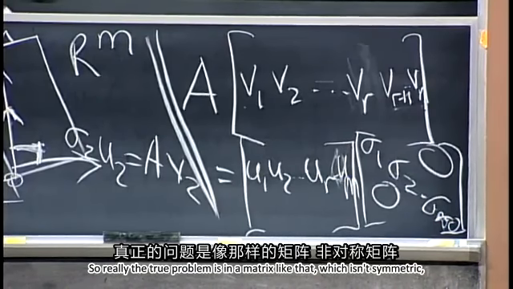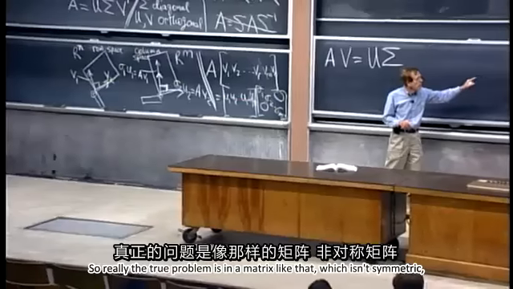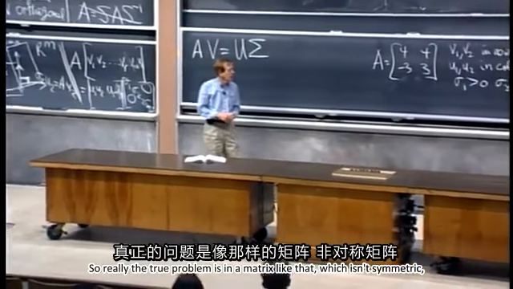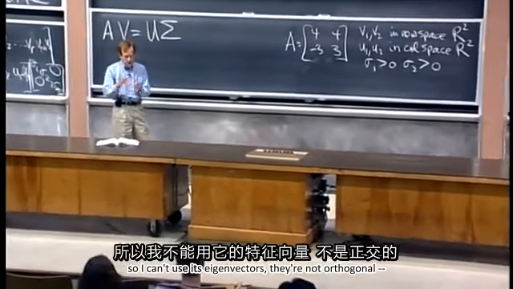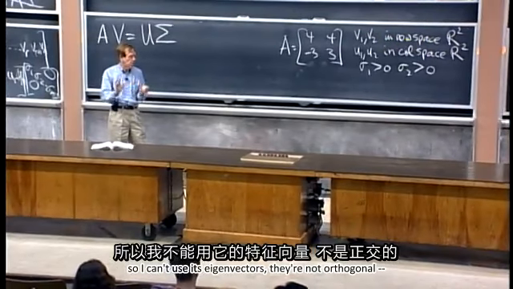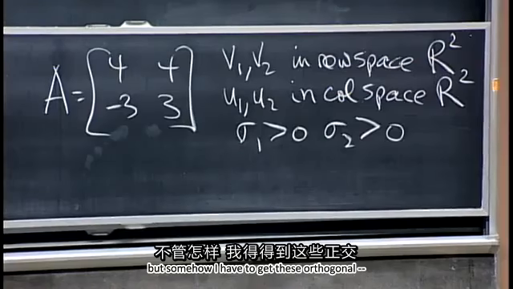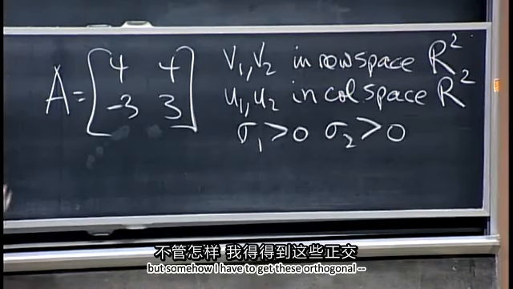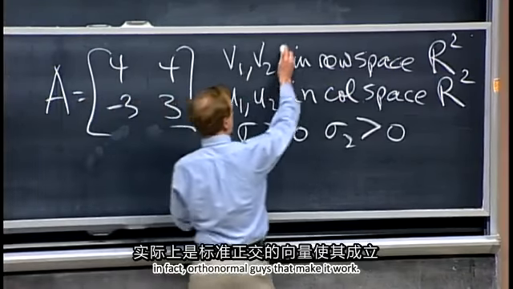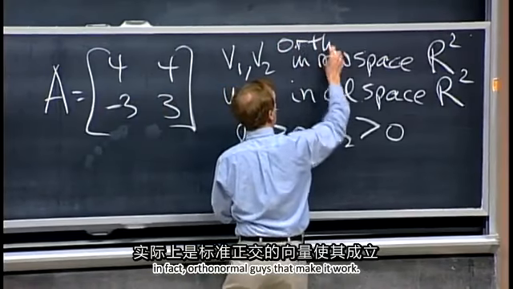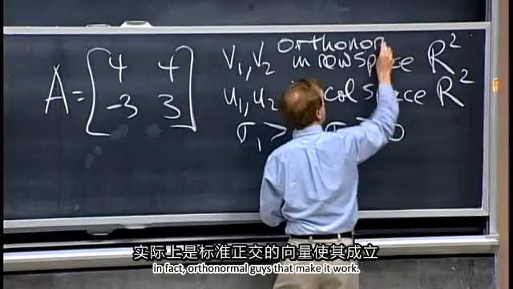So really, the true problem is in a matrix like that, which isn't symmetric, so I can't use its eigenvectors. They're not orthogonal. But somehow I have to get these orthogonal, in fact, orthonormal guys that make it work.